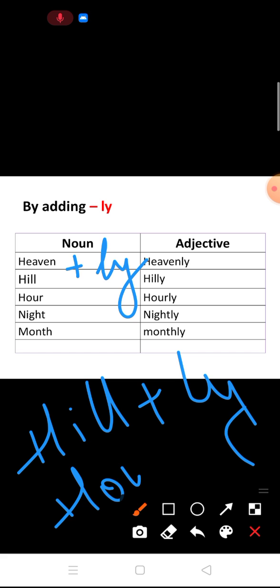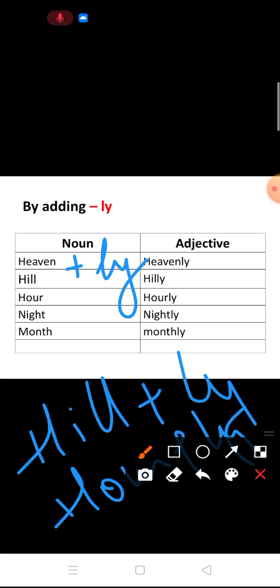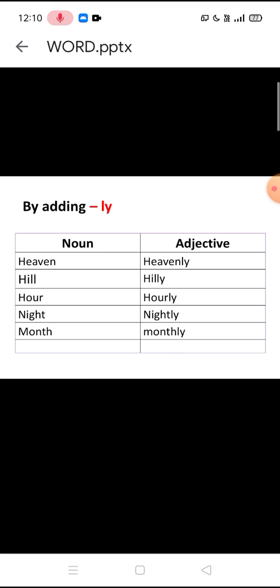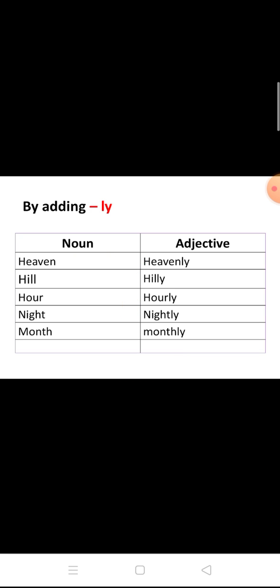Hour plus ly becomes hourly. Night plus ly becomes nightly. Month plus ly becomes monthly. So this is how by adding ly as a suffix to these nouns we get adjectives and new words.